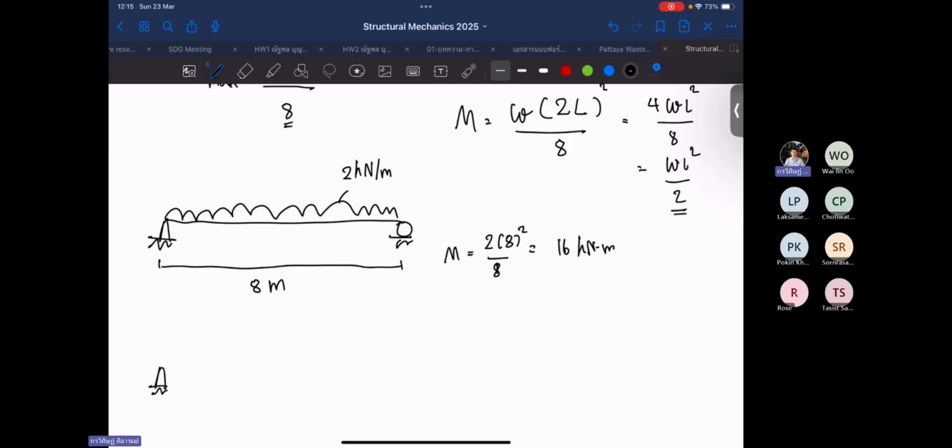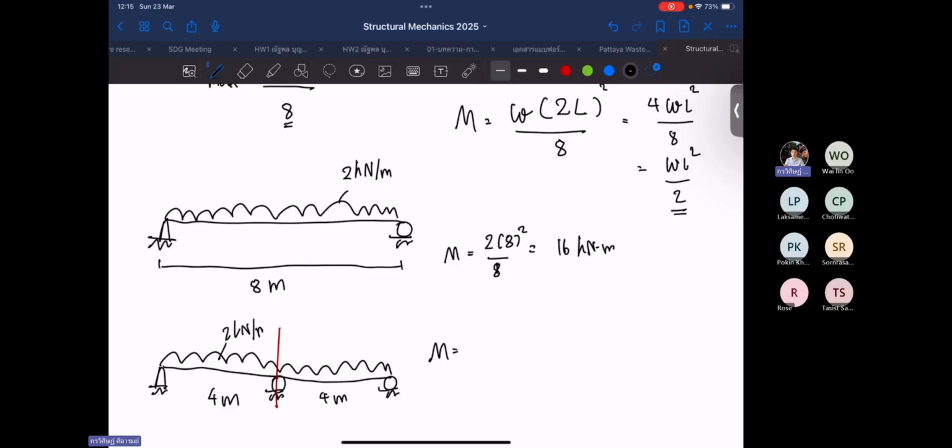But if we can add another support here, the bending moment can be analyzed by cutting it in half. So this one is 4 meters. The uniform load is the same, 2 kilonewton per meter.